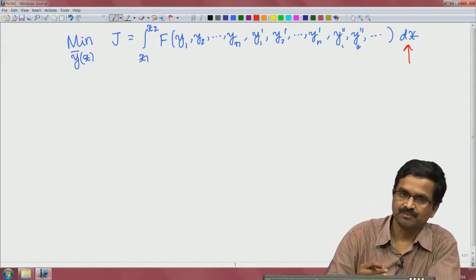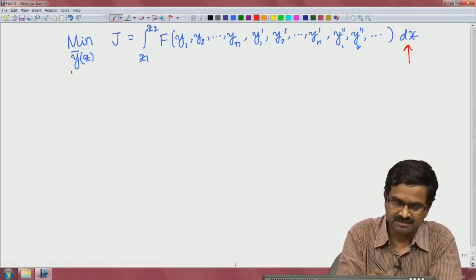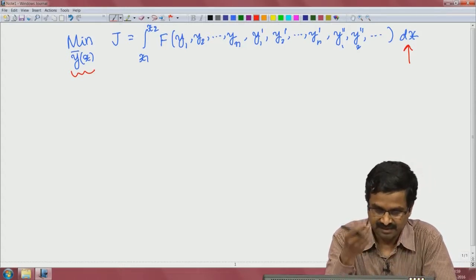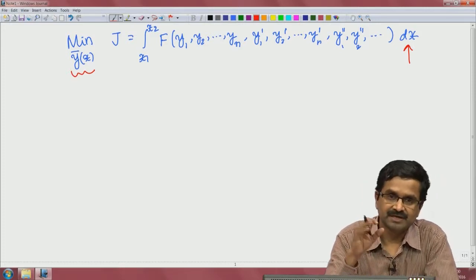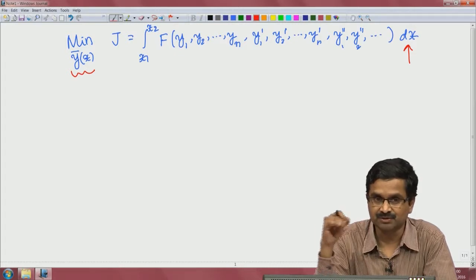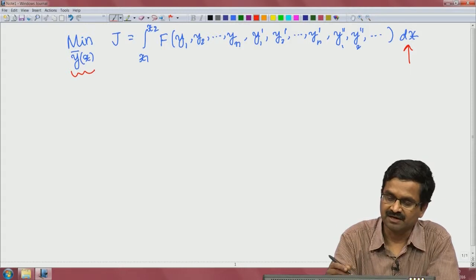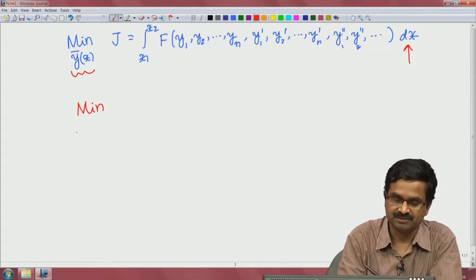So, we want to go to more than one dimension, in which case our functions will not be a function of x alone, they will be functions of x and y. That is the difference. The constraints, functional type and function type, global and local, will be the same. All the change will be in the number of independent variables.